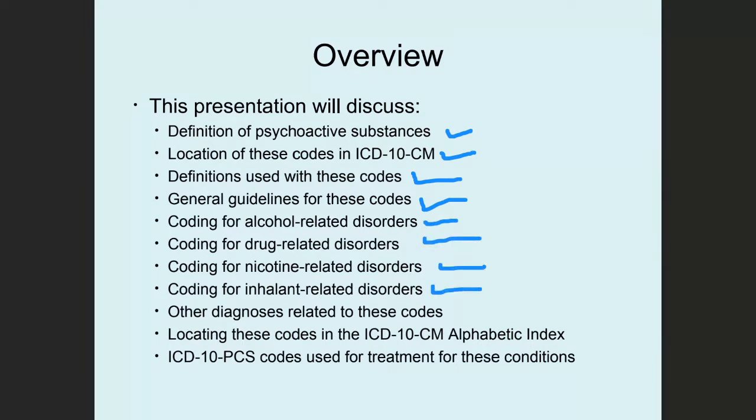And then also some other diagnoses outside the mental health section that are used with these codes. And then how do you find these codes in the Alphabetic Index for CM? And also an overview of the ICD-10-PCS codes used for treatment of these conditions.